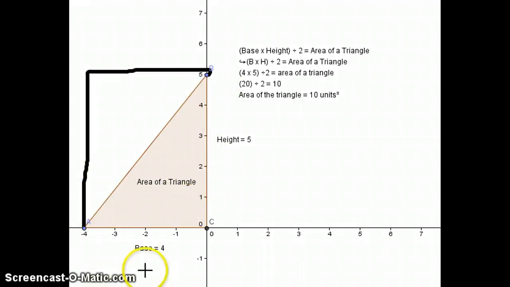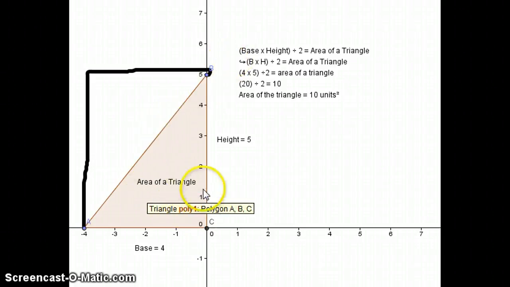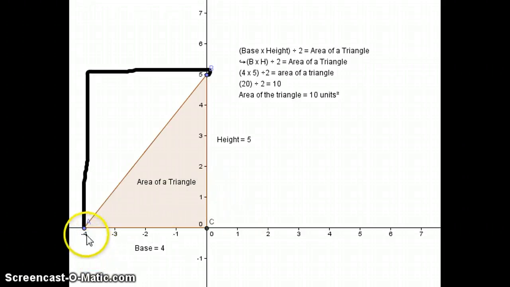So, whenever I take my base times my height and then divide it by 2, I am essentially finding the area of a rectangle and then dividing it by 2 to get the area of half of it, which would be a triangle. So, that is why we are dividing it by 2.